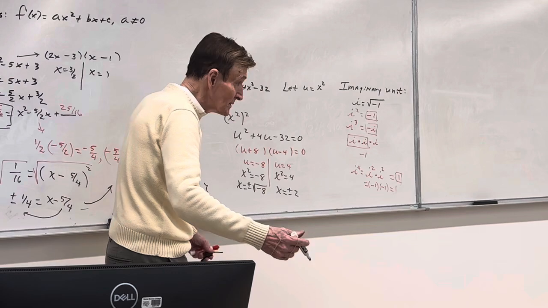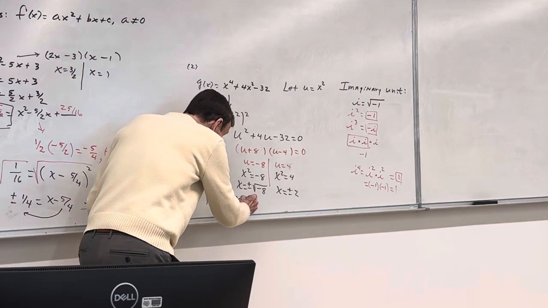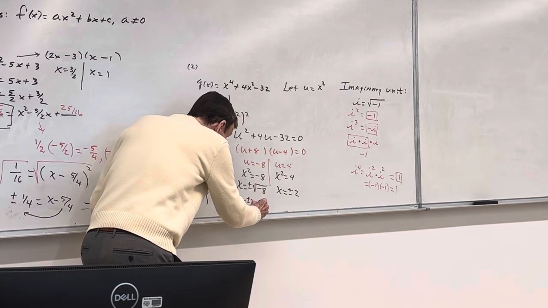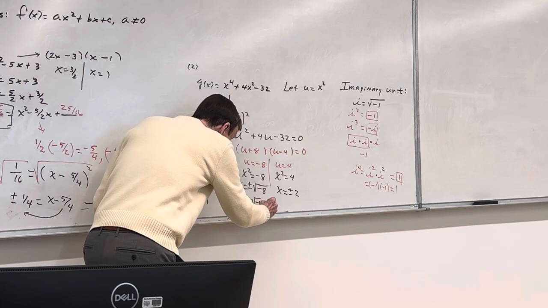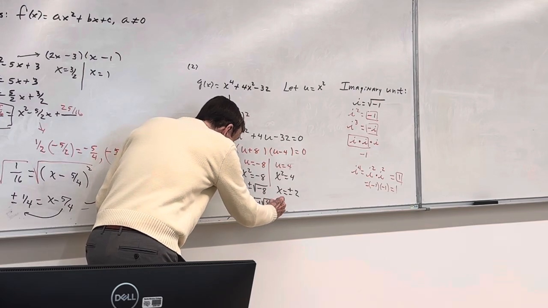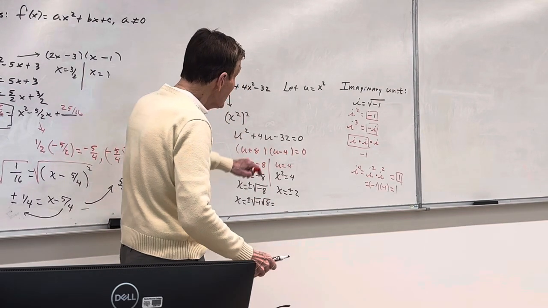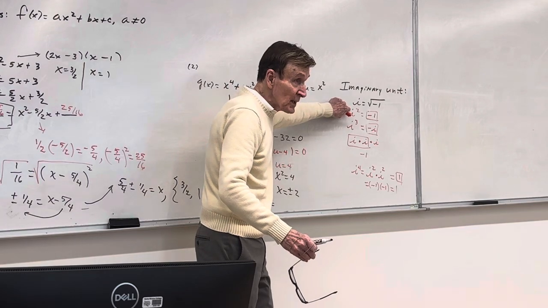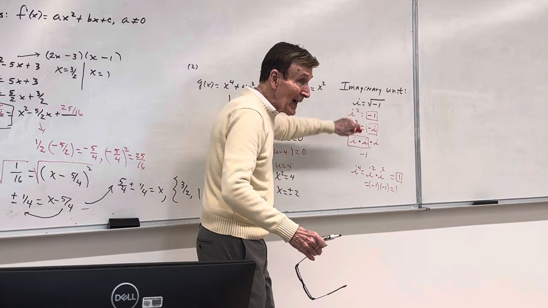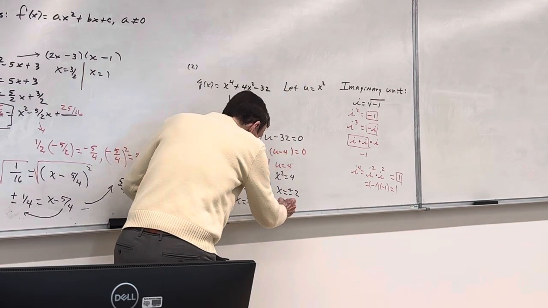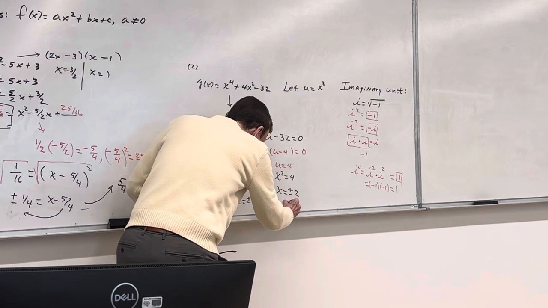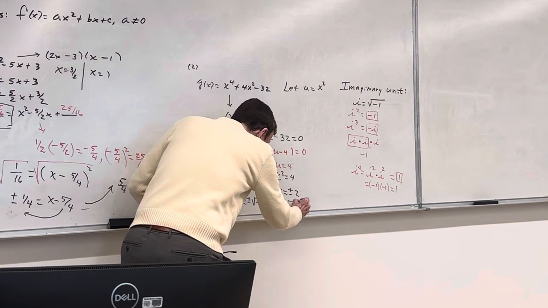Now I can do it. One way to think of it is this: plus or minus square root of -1 times square root of 8. And why? Square root of -1 can be identified with an i. So could I call this plus or minus i square root 8?